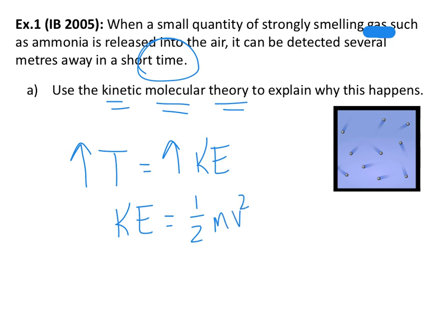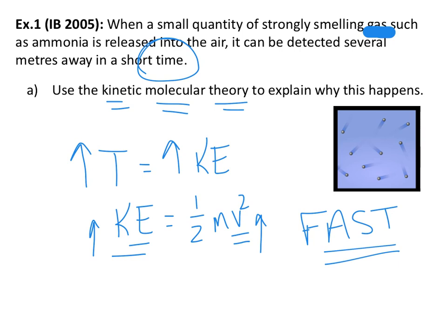And while you don't have to have that memorized, you should know that kinetic energy is not directly or linearly, but proportional to the velocity. Basically, if I increase the kinetic energy, I increase the velocity. So the bottom line in here is those particles are moving fast. So if they move fast, that takes very little time.